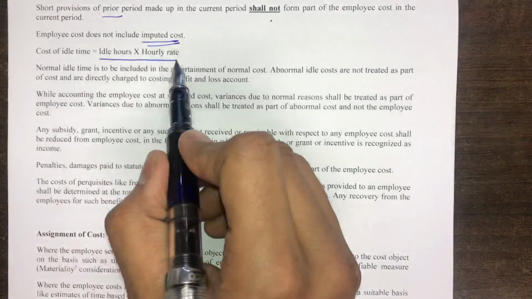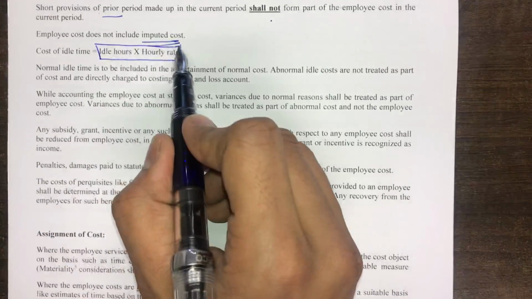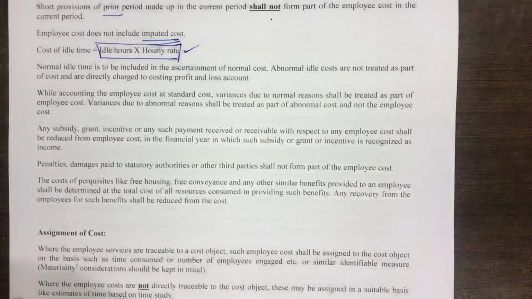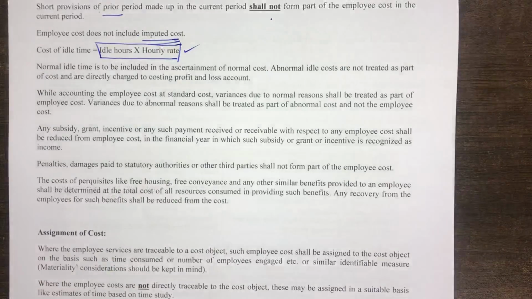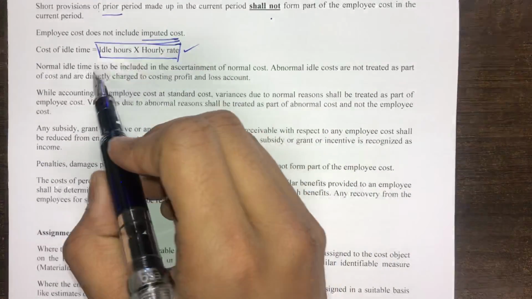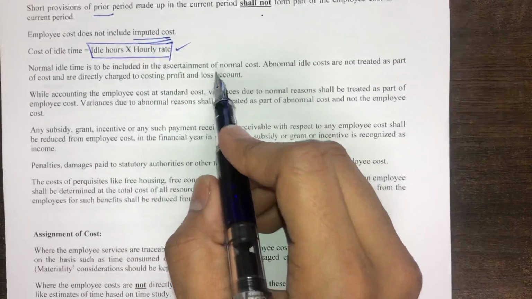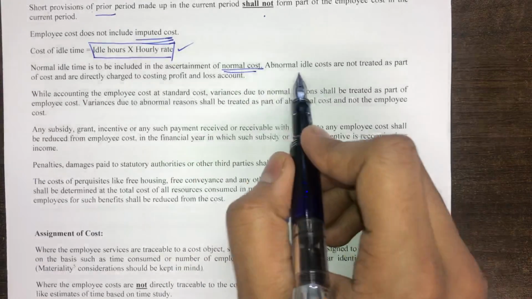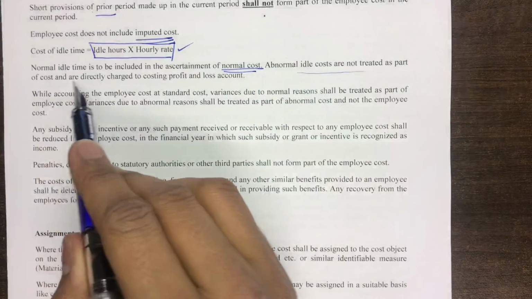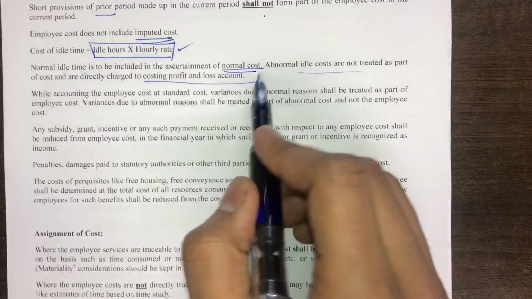Cost of idle time. Idle time cost is idle hours multiplied by hourly rate, which is the cost of the time spent idle by our employees. Normal idle time is included in the ascertainment of normal cost, and abnormal idle time is not treated as part of cost and is directly charged to the costing P&L account.